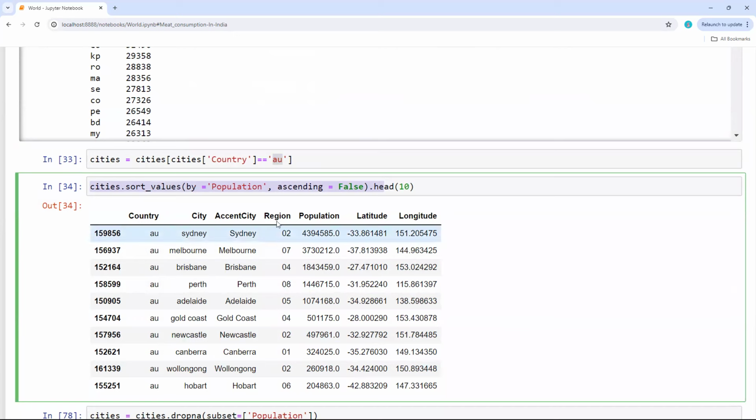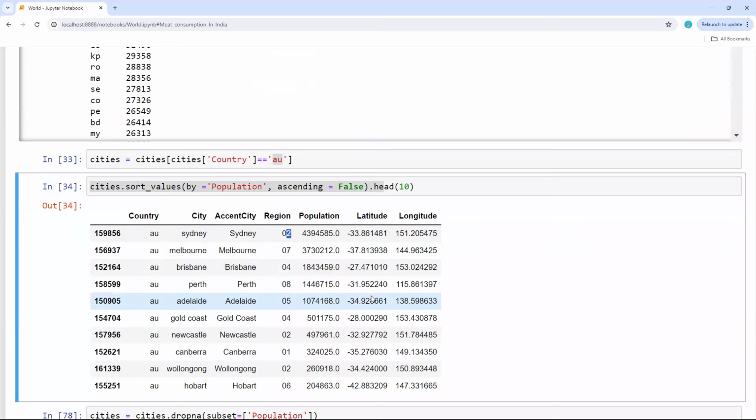So here if I look at Sydney, the ancient city name is also Sydney, the region is 02, and the population in Sydney is around 4.3 million people living in Sydney. Then Melbourne is 3.7 million.